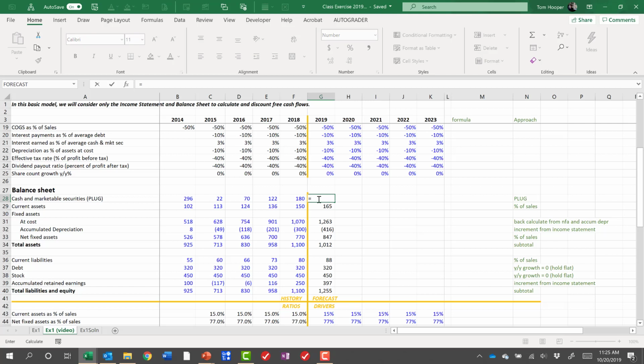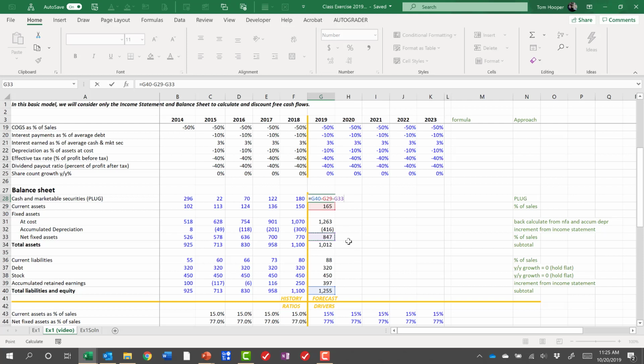Cash is equal to total liabilities and equities minus everything that's an asset but not cash, which would be current assets, and not at cost or accumulated depreciation, because those are netted to this number and doesn't go into total assets.